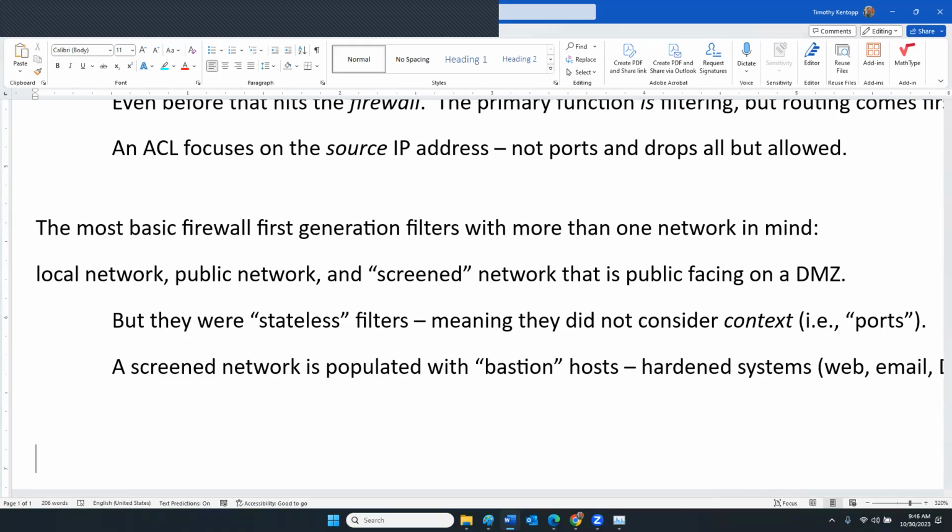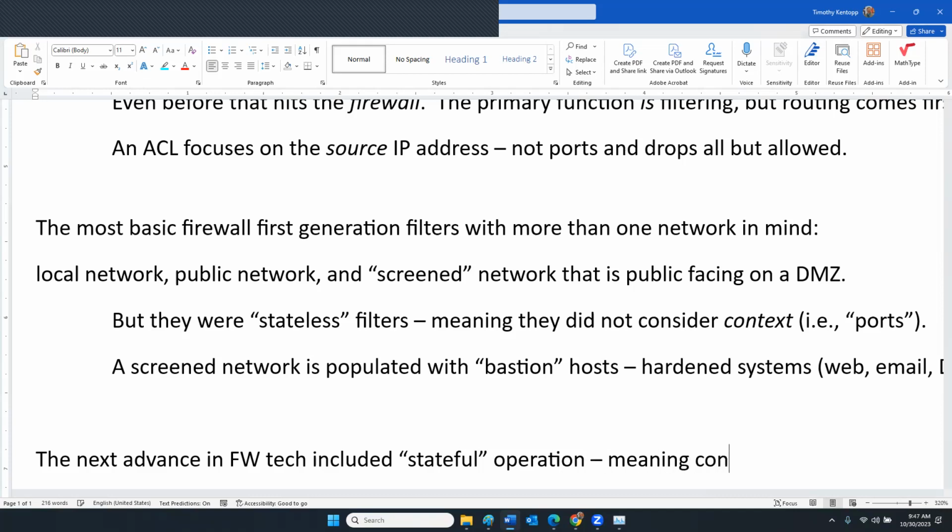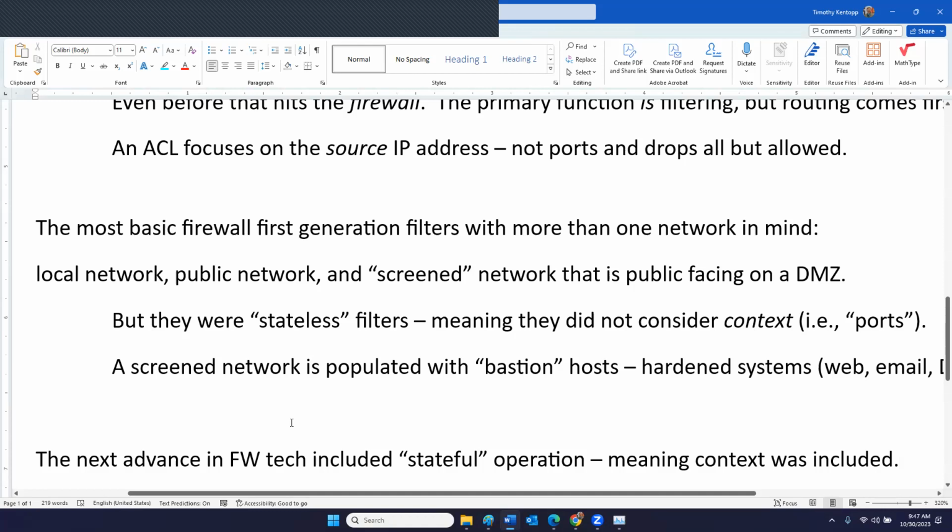Okay. If it's a stateful firewall, the next advance in firewalls included stateful operation. If you get a packet and it's on port 53, should that be an email packet or a web packet?